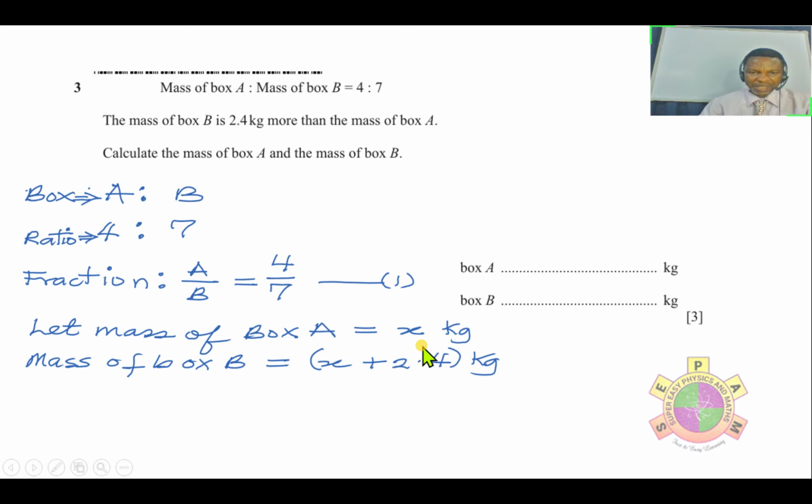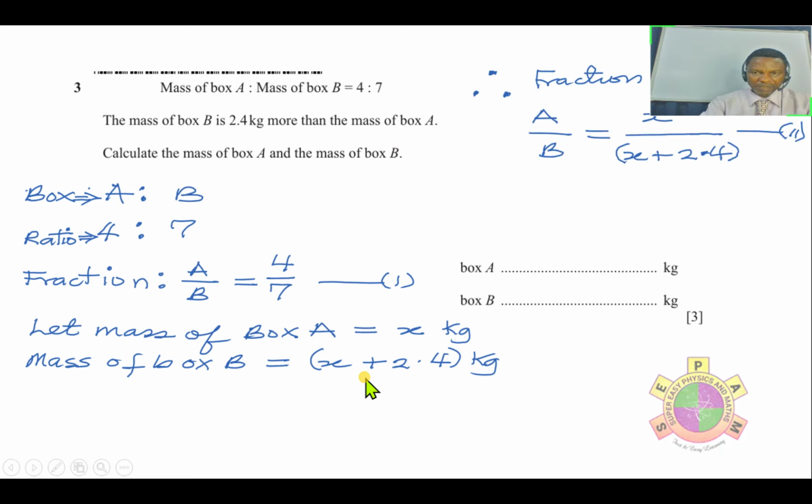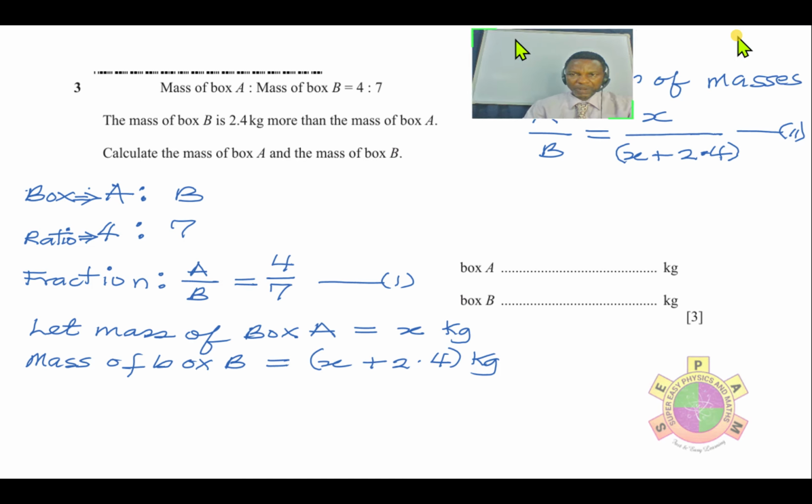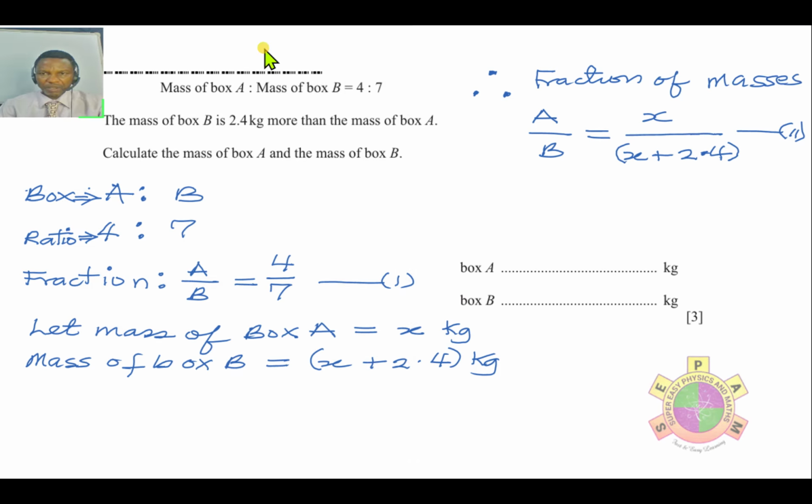So mass of bus A, let it be S kg, and that of B, let it be S plus 2.4 kg. Next, express these masses as a fraction, which gives us S over S plus 2.4 kg. That is equation 2. So we bring the 2 equations together and then we solve them.